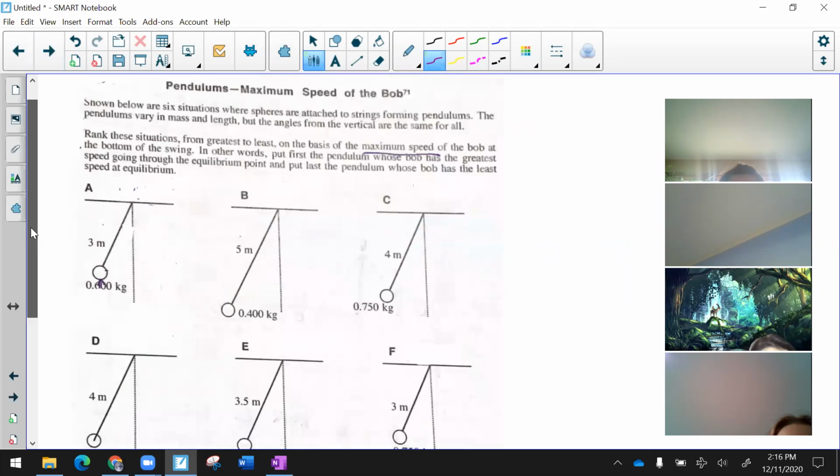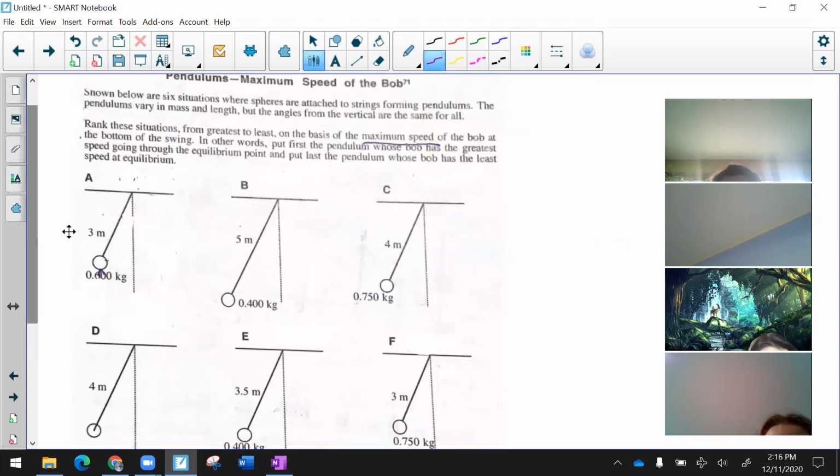Okay, so we've got our pendula here, and we want to know what the maximum speed will be at the bottom. So how are you going to figure it out? Anybody got any ideas?